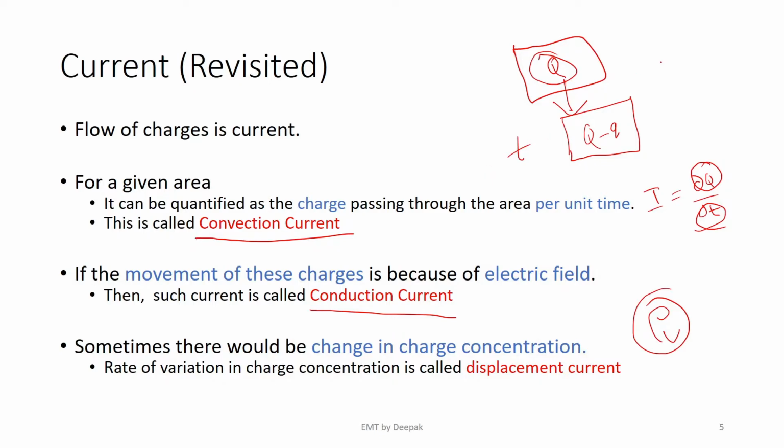That means the current flowing through the body is minus q by t. What happened to these lost charges? We would see about them. But if this is the scenario that the body has lost some charges, that is, the charges have been displaced, then such a rate of change of charge concentration induces the displacement current.